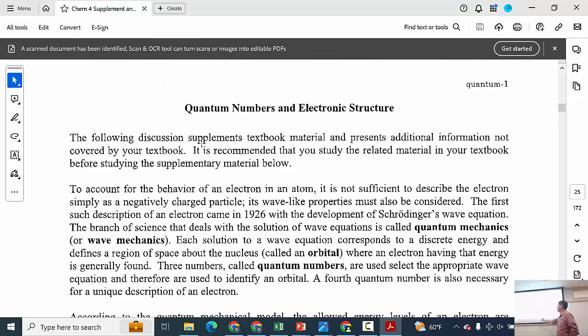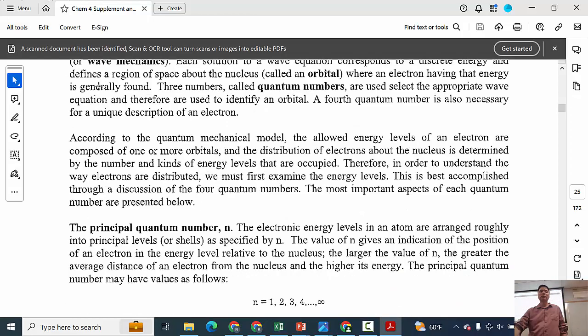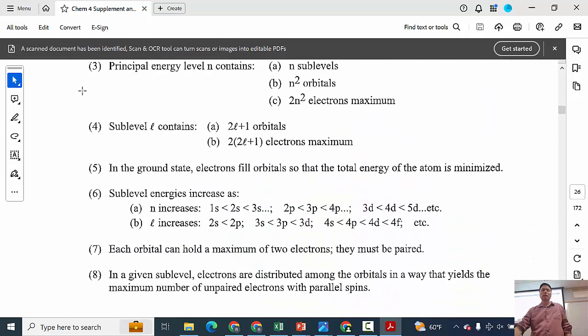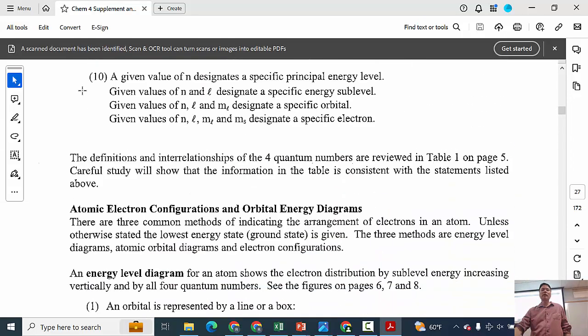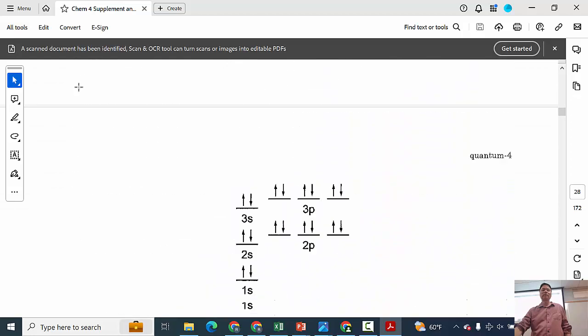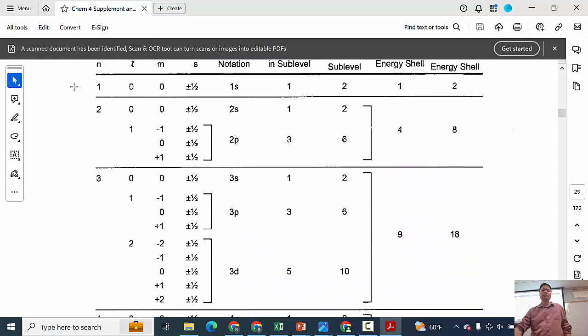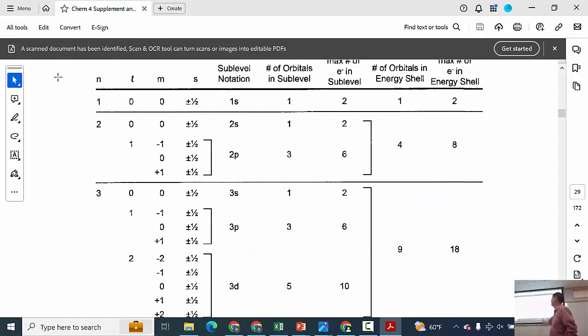And then, like I said, quantum numbers is stuff that's not talked about in the book. And therefore, this supplemental chapter was written for quantum numbers. It talks about quantum numbers in about 5 pages or so. Here's a table of quantum numbers.